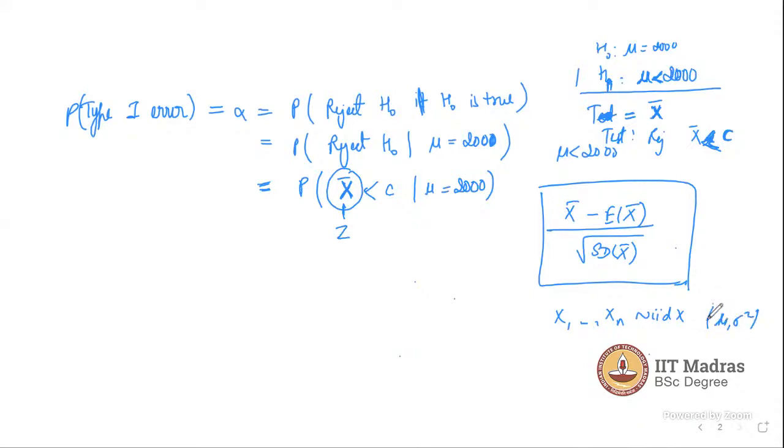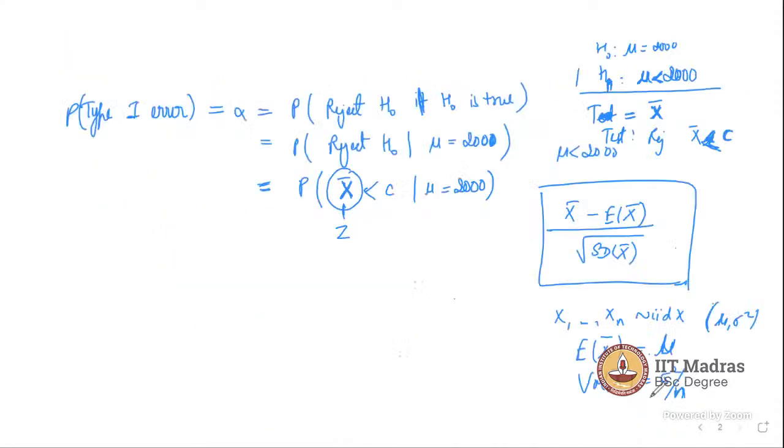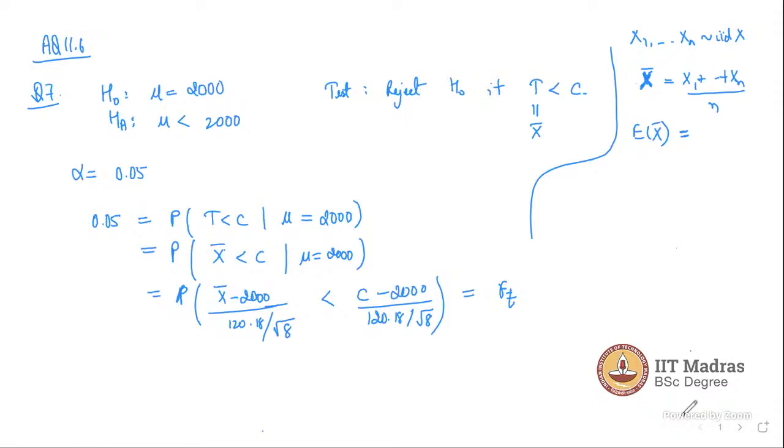The expectation of X bar is mu itself and the variance of X bar is sigma square by n. In this problem, we did not have the population variance, so we calculated the sample variance from the sample and used it in the sigma square by n formula. The standard deviation of X bar will be sigma upon root n. So this is what we have done here.